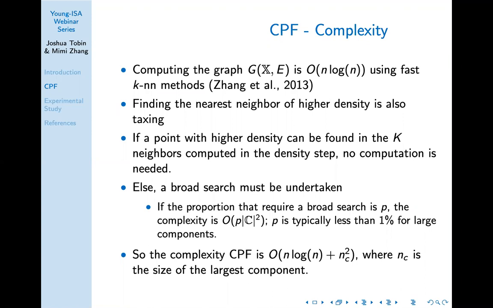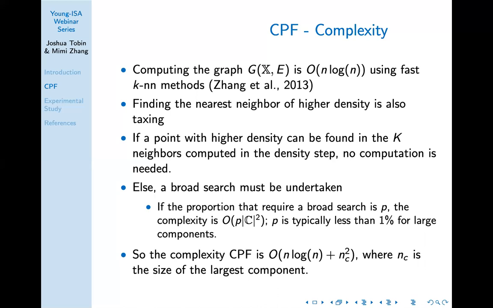Finding the nearest neighbor of higher local density is another taxing process in the method. For the vast majority of instances, this is an easy thing to do. You have an array of the edge weights and a list of all the densities, and you can search the nearest neighbors to find which point has higher local density.